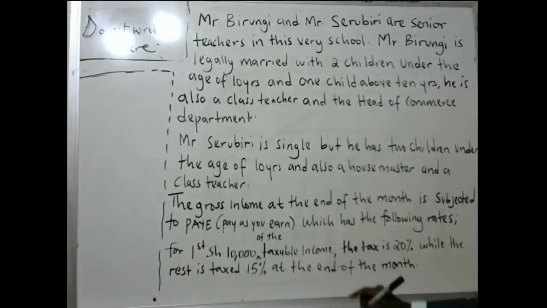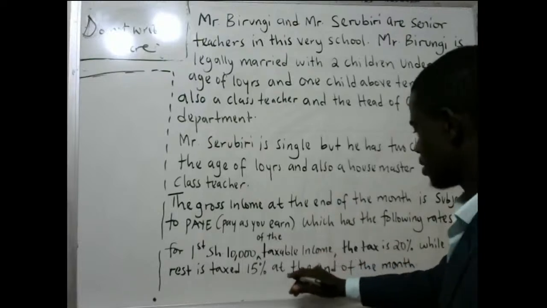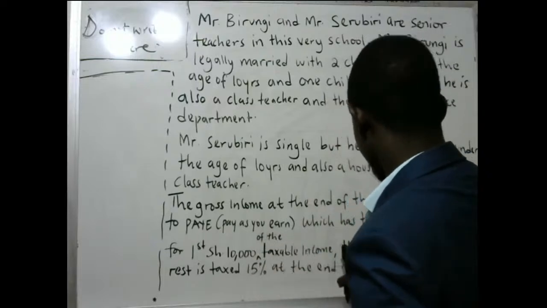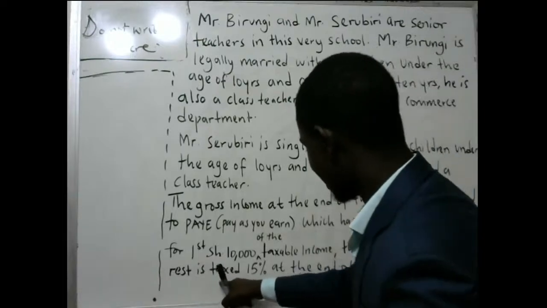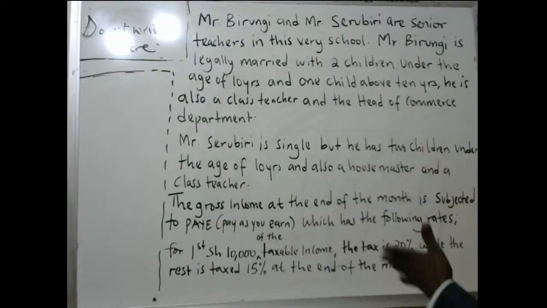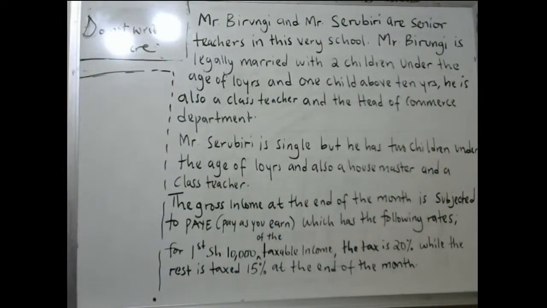For the first shillings 10,000 of the taxable income, the tax is 20%, while the rest is taxed 15% at the end of the month. After taxing the first 10,000, then you get what you remain with on the taxable income. So we need to write that very fast.